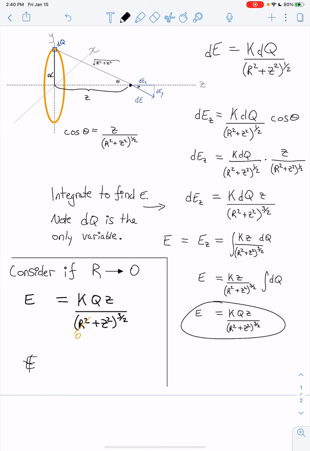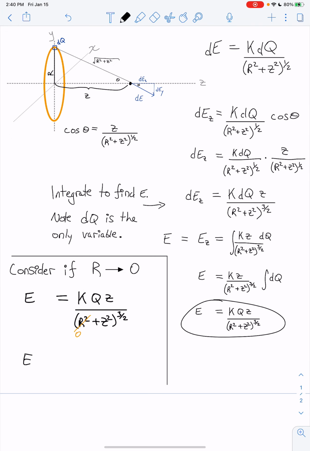I'll draw this a little bolder to be consistent. Got a bit of room here. So we'll have the electric field of this very, very small ring is going to be k q z over z cubed. Interesting.